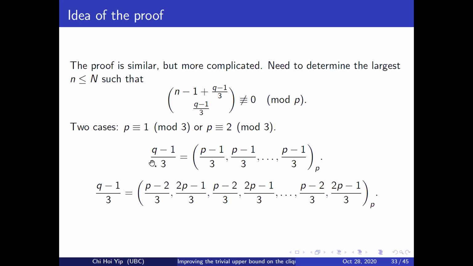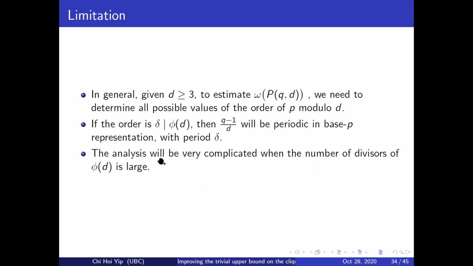And again, we need to understand the base representation of Q minus 1 over D. So we know that the base representation will always be periodic, and the period delta will be actually the order of P modulo D. And by Euler's theorem, delta will be a divisor of phi D, where phi is the Euler phi function.